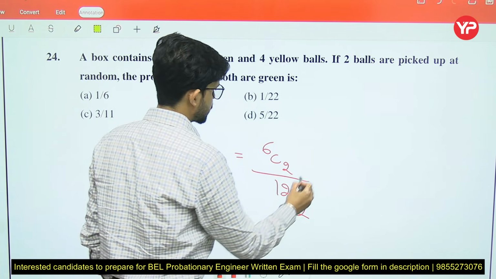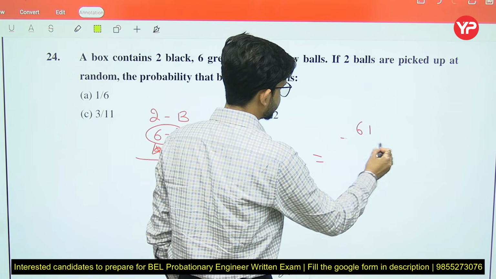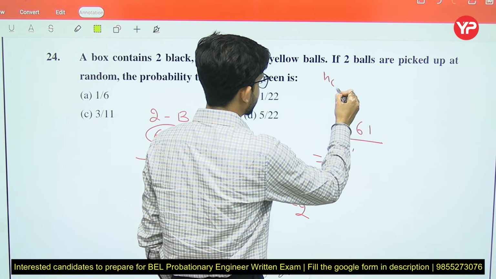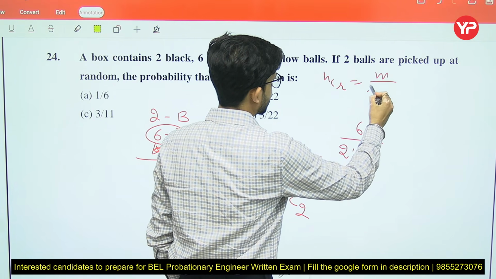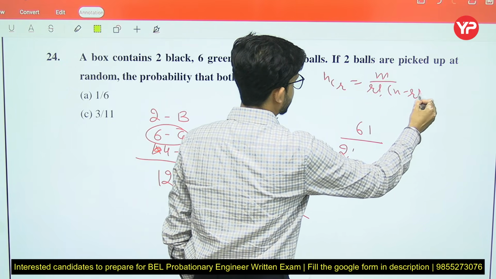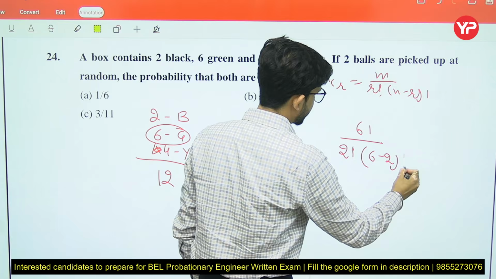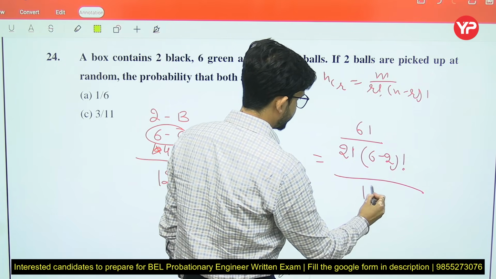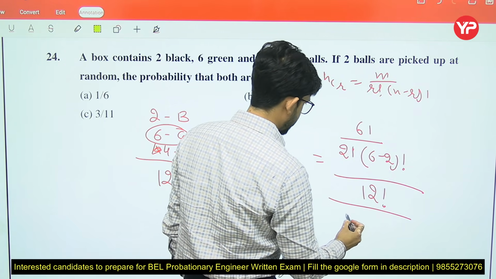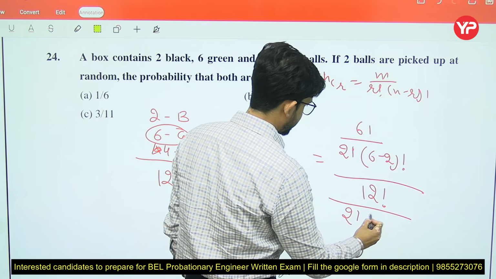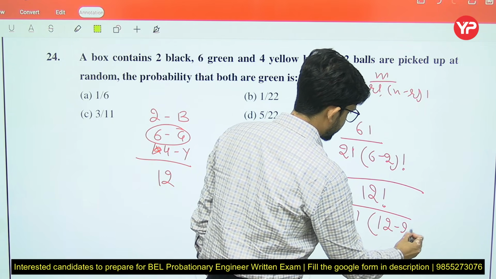So if I solve this, we know that nCr is equal to n factorial divided by r factorial into n minus r factorial. Okay? So 6 factorial over 2 factorial, 6 minus 2 factorial, and 12 factorial over 2 factorial again, and 12 minus 2 factorial.